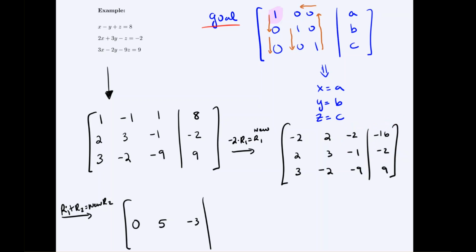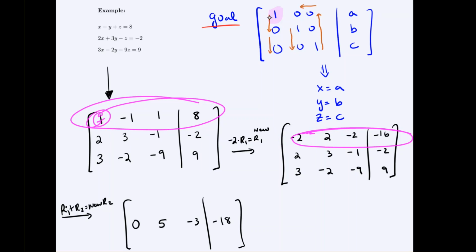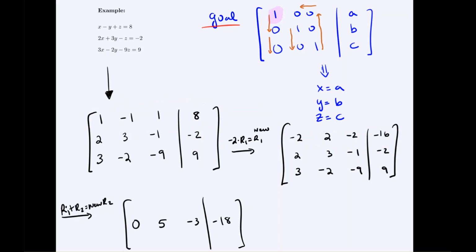Negative 16 plus negative 2 is negative 18. And then at this point, we don't write down the new row 1 because we only changed that to add, which we've already done. So we go back to the previous row 1 that we liked because it had the 1 in the upper right corner. Row 3 is the same.